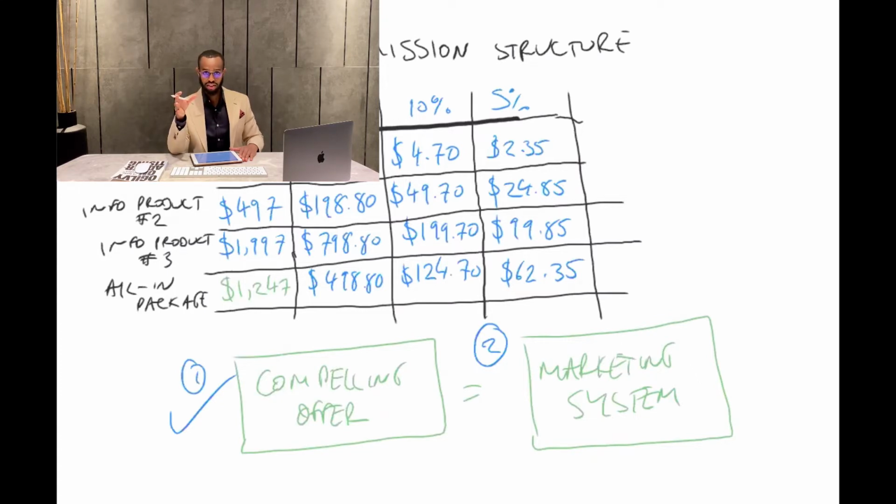Imagine making 15 times more money just because you've got a marketing system in place, which by the way is completely automated, which by the way you don't have to do any work on whatsoever because it is already handled by us. As a matter of fact, if I were to give you the information for free on how I create a marketing system, if I were to show you all of the softwares and tools I use, and I hop on the laptop right now and show you the whole thing, it would cost you between $2,000 and $3,000 a month just to be able to upload the marketing system we're using for the digital network.